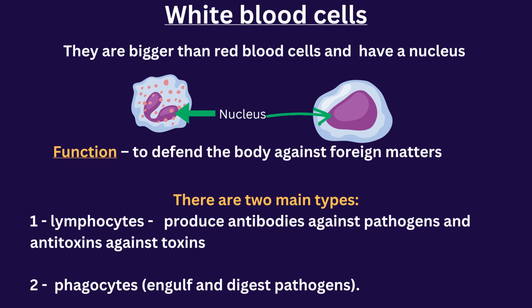And then we have the phagocytes to the left, and the phagocytes are responsible for engulfing and digesting pathogens. So both white blood cells, both types, are responsible for defending the body against pathogens.